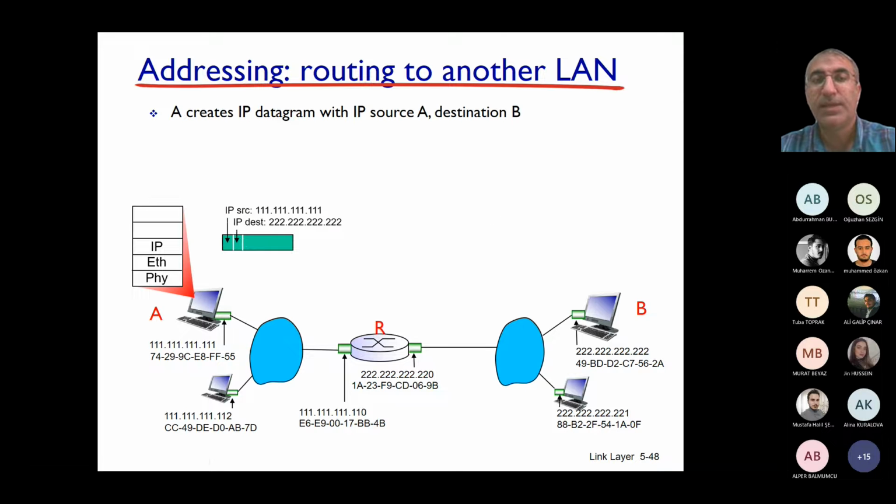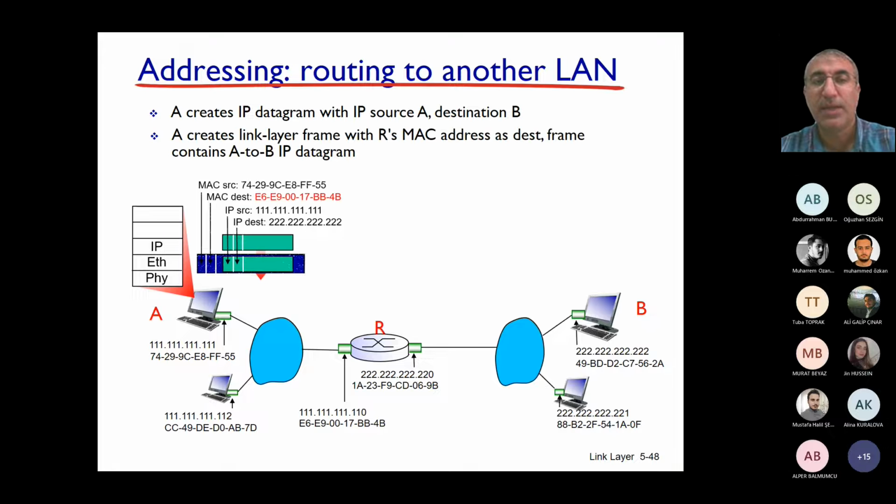First of all, A is going to create an IP datagram with the IP source and IP destination. In this case, the IP source is 111.1.1.1, as you see, and the IP destination for B is 222.2.2.2. Then it passes this datagram to the link layer, where we encapsulate the datagram and add the source MAC address as well as the destination MAC address.